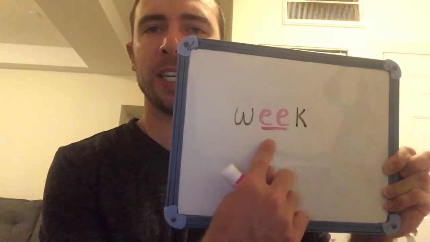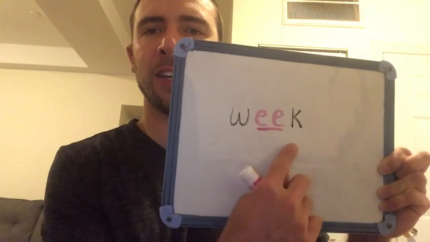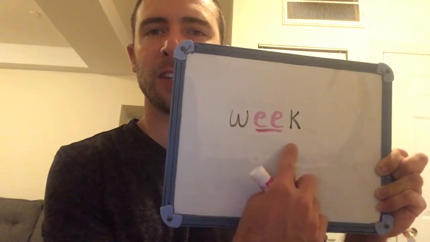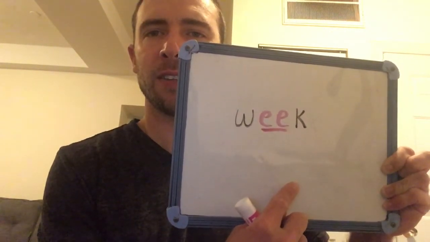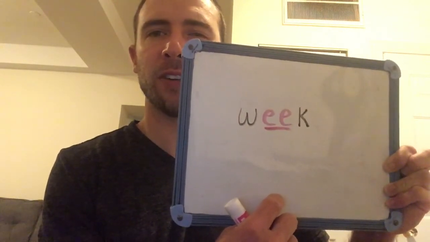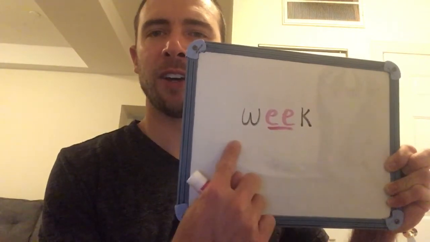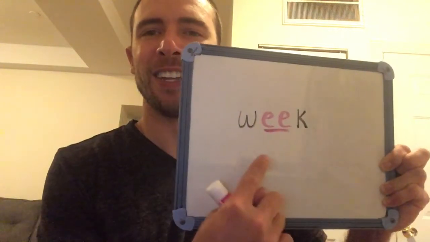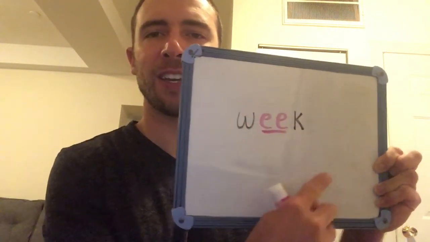W, E, K. If we blend those together and say them fast, what would that be? Something that we talk about when we're focusing on our calendar. We talk a lot about our days of the week. This word is week. W-E-K. Week.